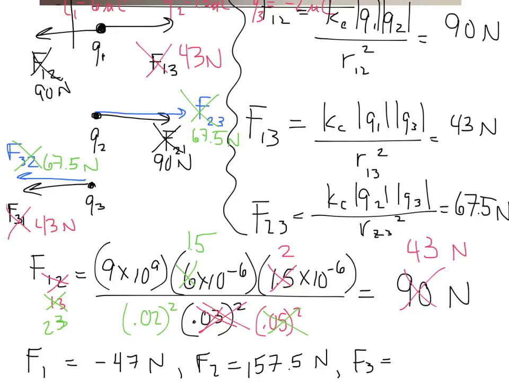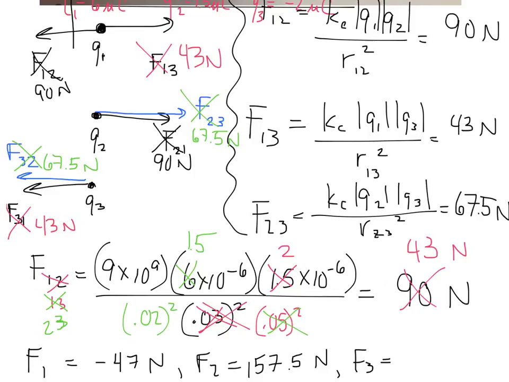Particle 3. Both forces are to the left on particle 3. So the net force has got to be negative. We know that already. We've got 43 to the left, which is right here. We've got 67.5 to the left, which is right here. We sum those values together and tack on a negative sign. What do we get?